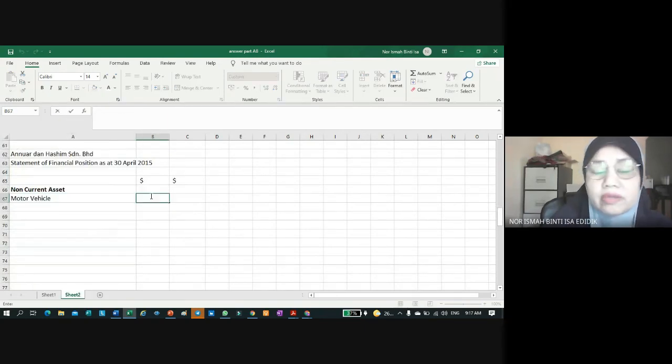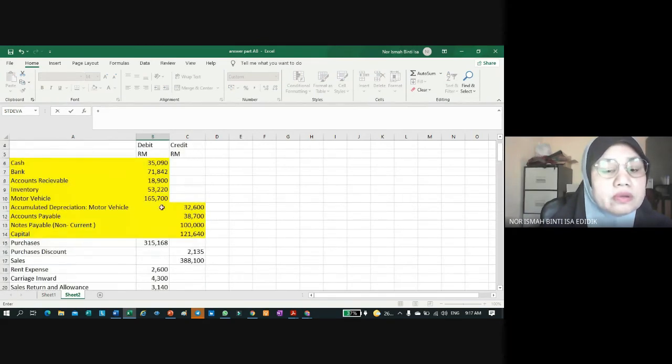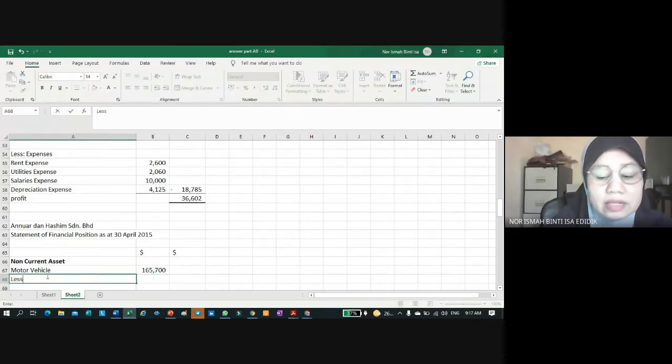So motor vehicle, the amount is this one, and since we have the accumulated depreciation, so you must less apa?